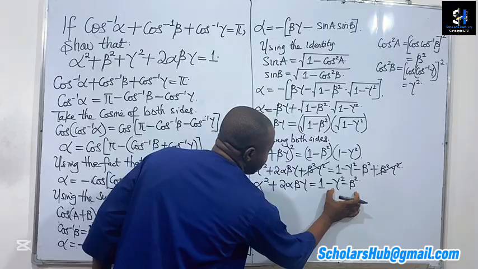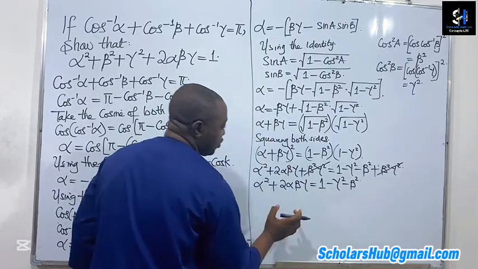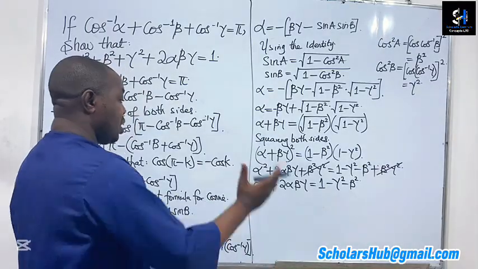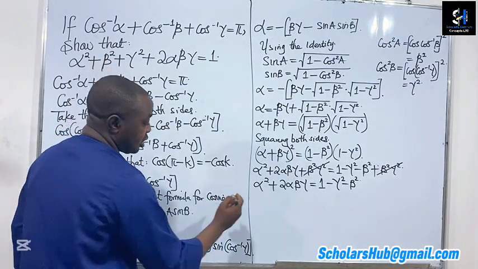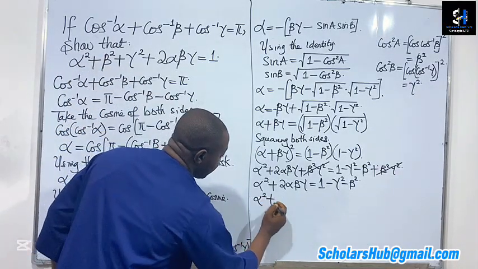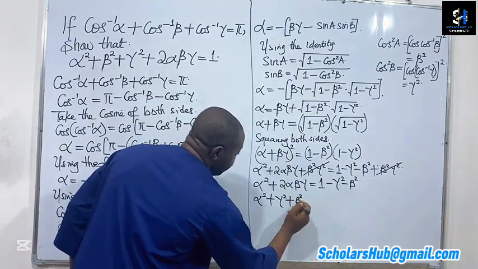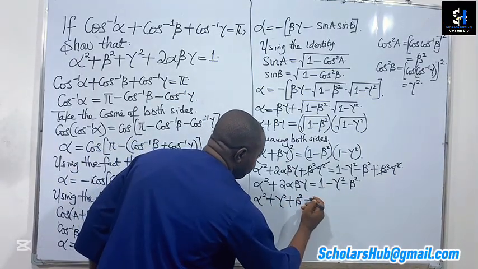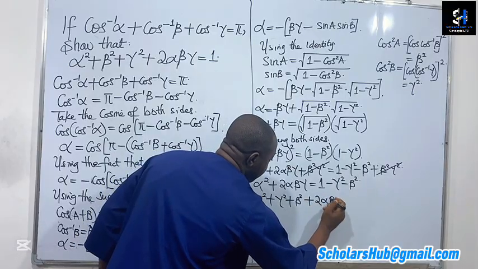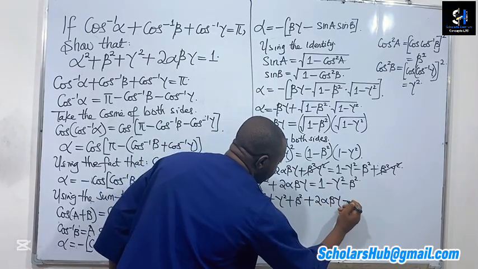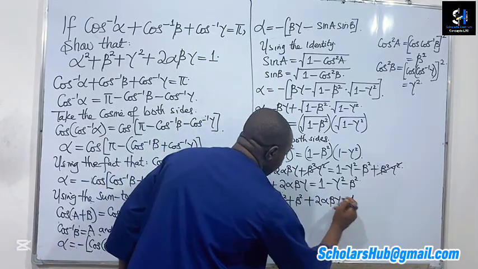Now I'm going to carry the negative gamma squared minus beta squared over to the left hand side, so that this will be alpha squared plus gamma squared plus beta squared plus 2 alpha beta gamma equals 1.